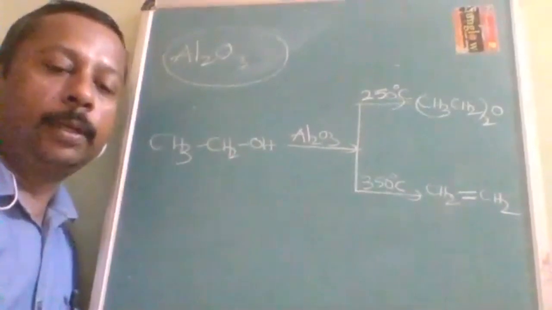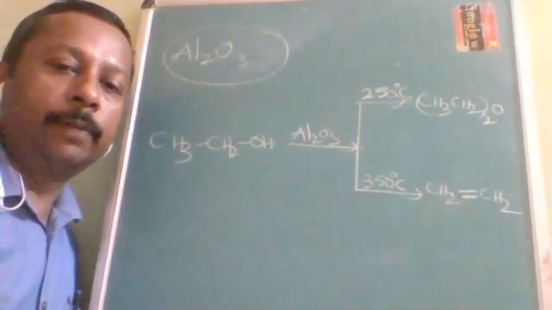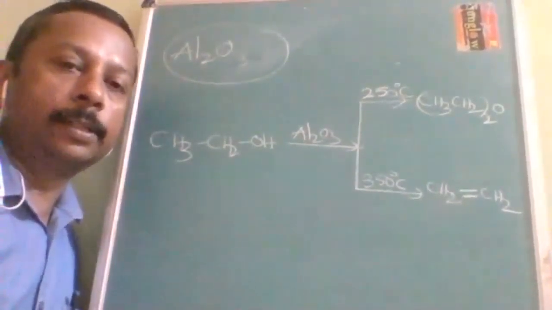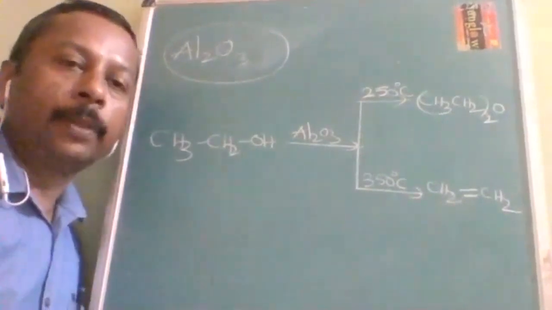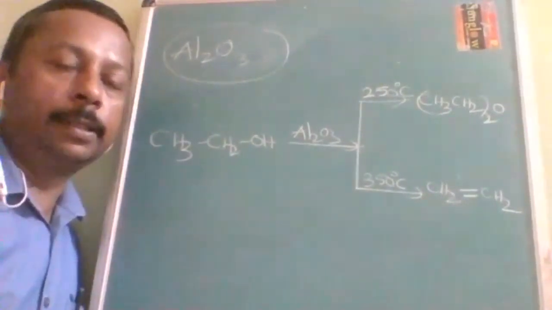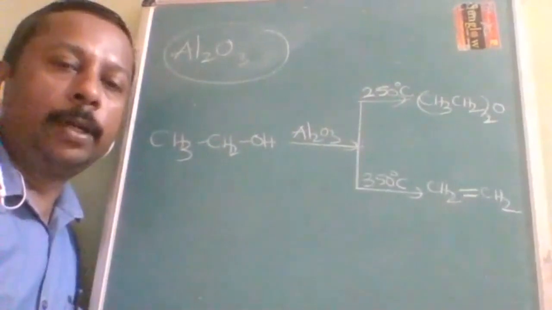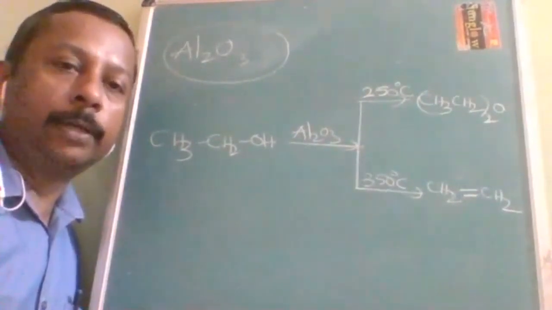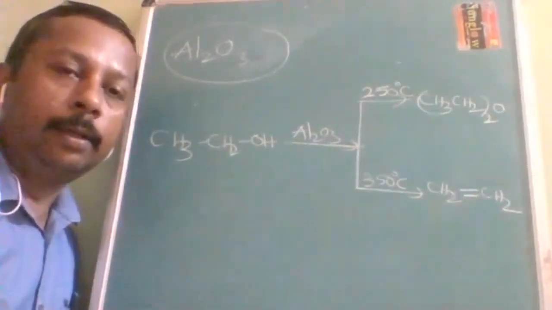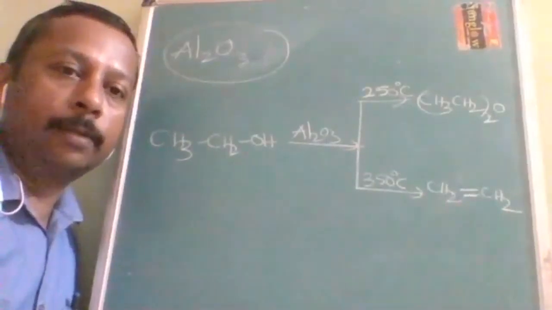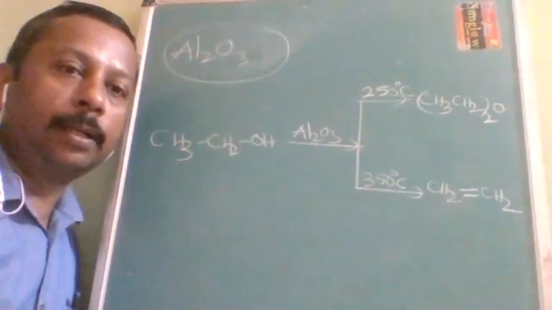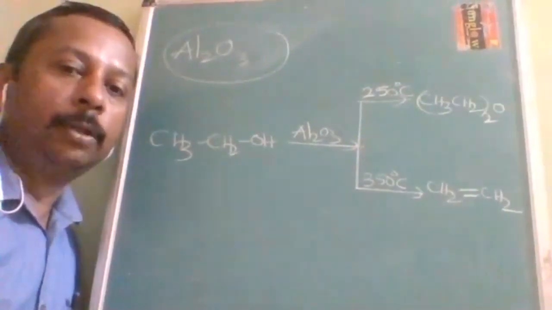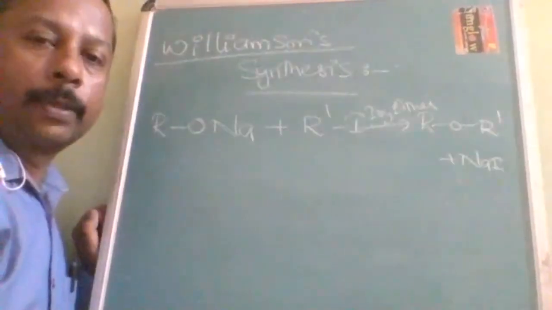Okay, now we are going to start with the most important segment, preparation of ether by Williamson synthesis. Very important from the board point of view because it is a naming reaction. Very important from the competition point of view because it is conceptually and mechanism-wise also very marks-fetching.